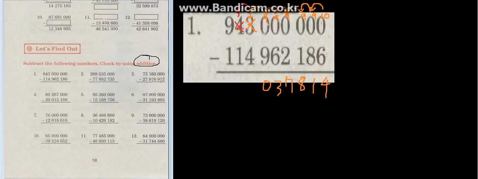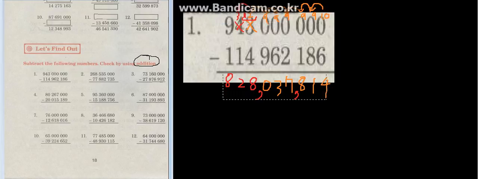This 4 becomes 3, and this missing 1 becomes 10. So 12 minus 4 becomes 8. And 3 minus 1 is easy, 2. And 9 minus 1 becomes 8. So the final answer is 828,037,814.